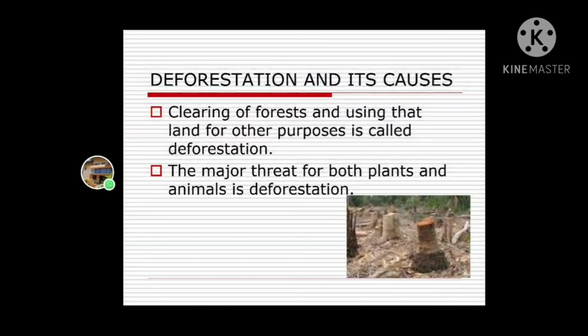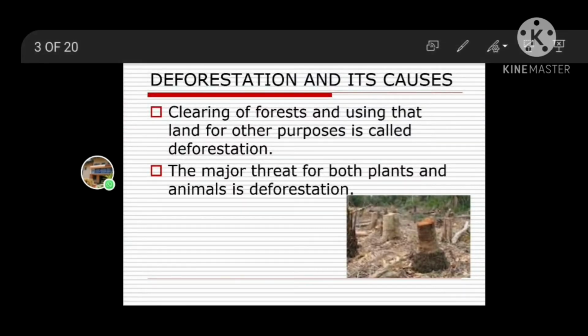So what are the major causes for deforestation? Deforestation means clearing down of forest and using that land for other purposes. Forests are destroyed in order to get the land, and that land may be utilized for many purposes.